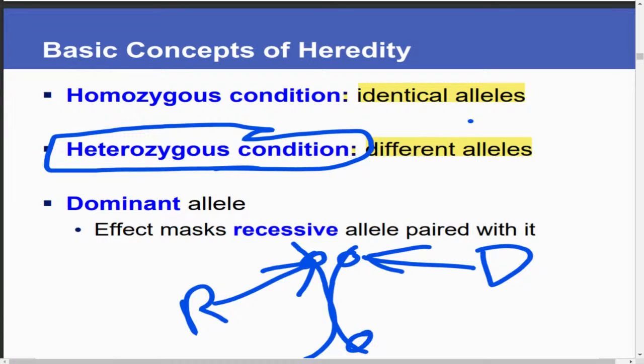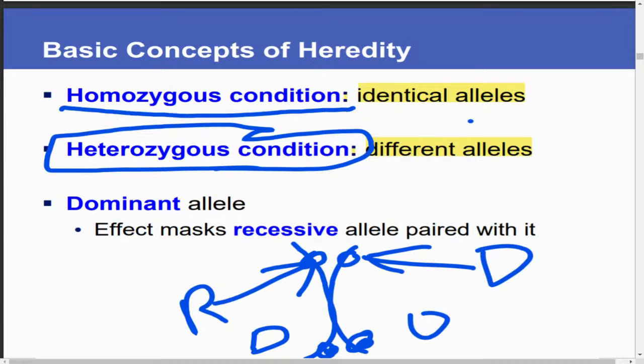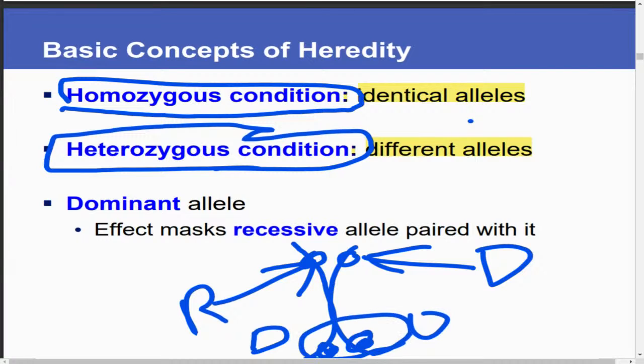If one is dominant here and the other is dominant here, then this is a homozygous condition.